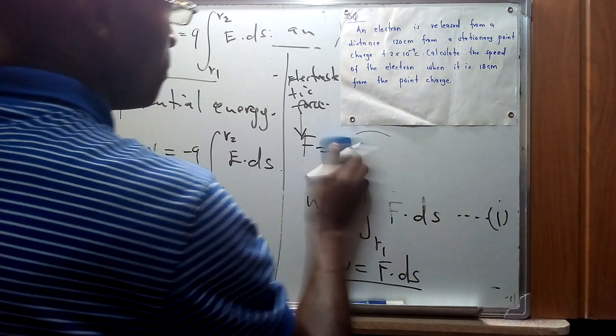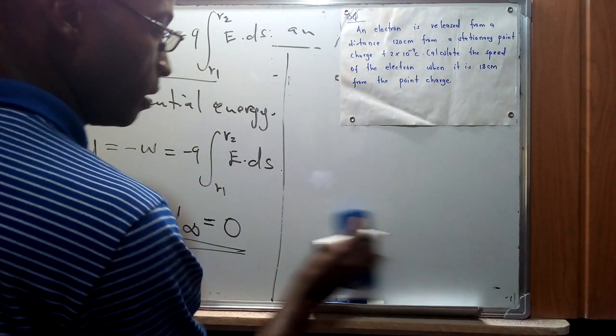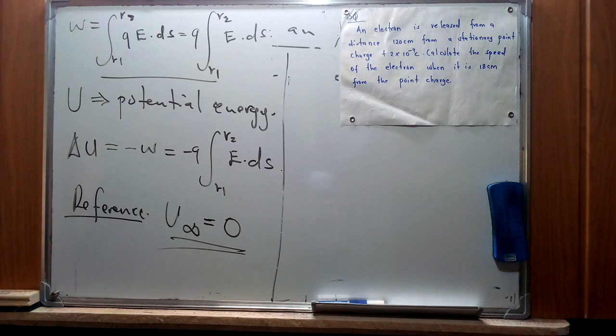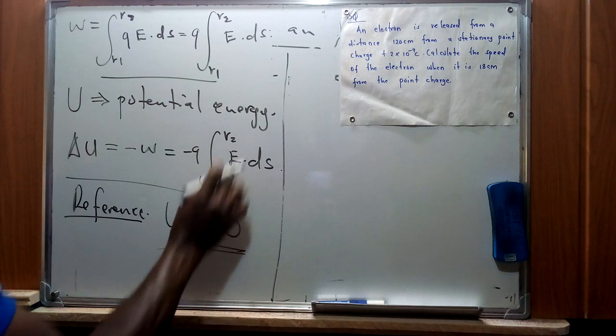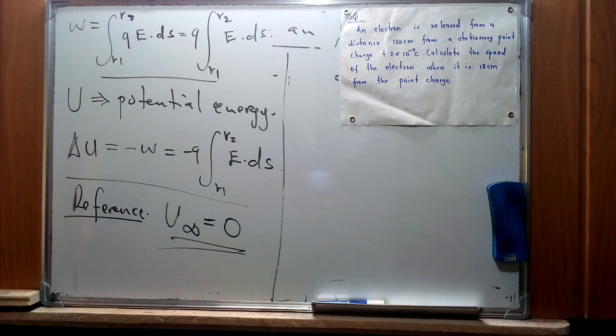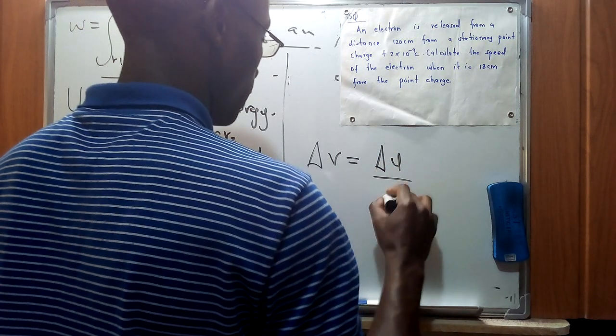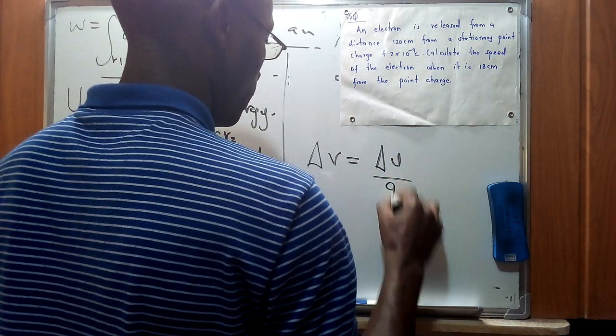Now there's a relationship that I want us to be keen on, whereby, as we have said, from this particular definition, we're going to find the difference in potential energy between R1 and R2. So we're going to make R1 our point of reference in trying to find that specific energy. So in this case, the change in potential, we have said, will be the change in the potential energy divided by the charge.